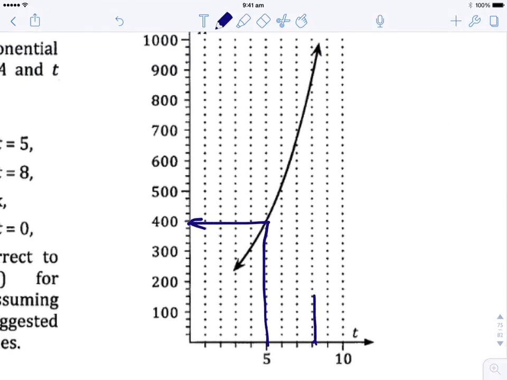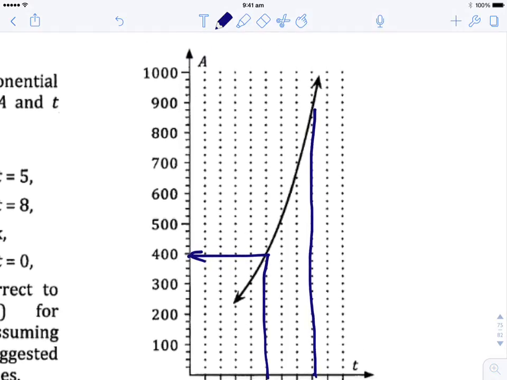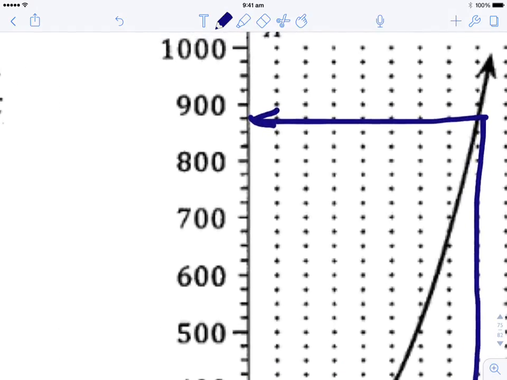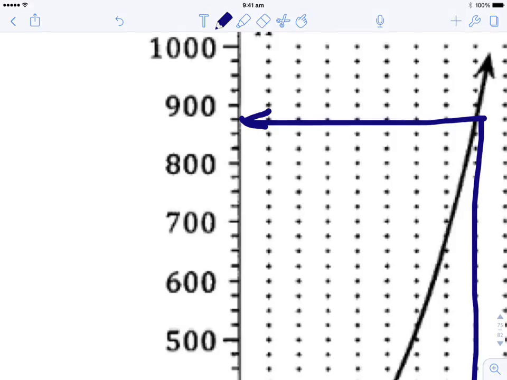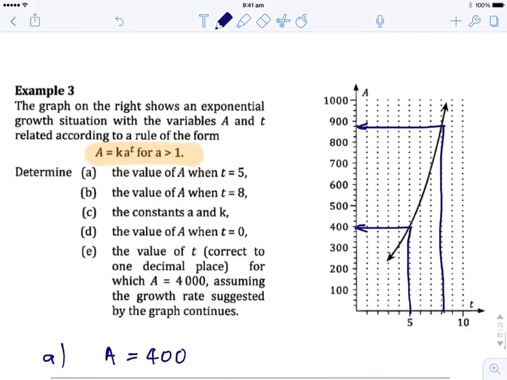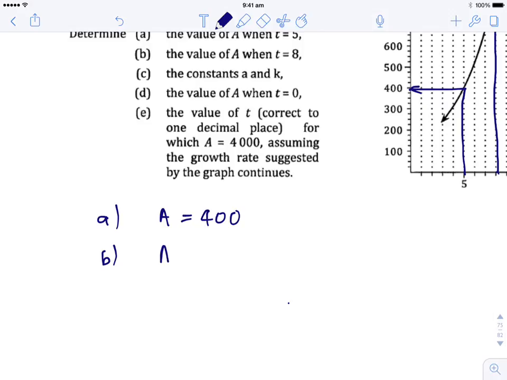I'm going to go straight up to the graph from 8 and go across, and it's right there. This would be much better if I had a ruler. So looking at that scale there, it looks like about 875. In fact, it's spot on 875.